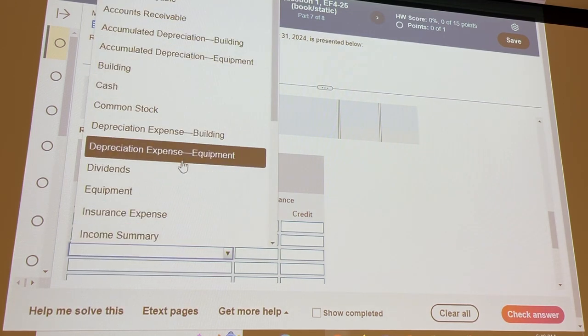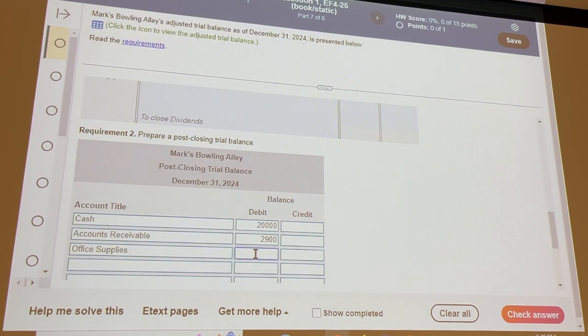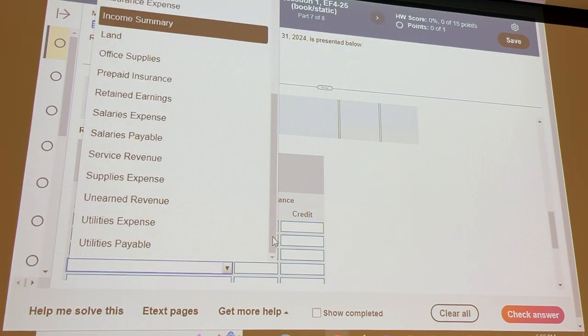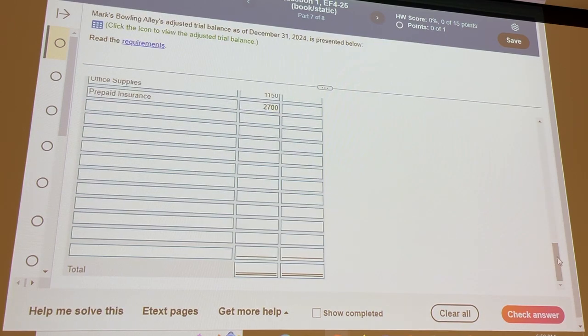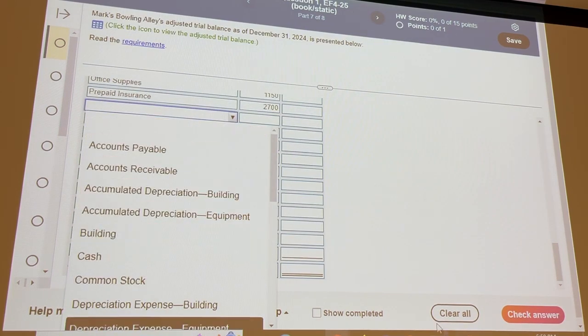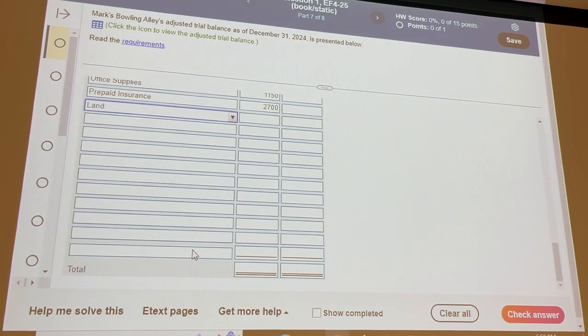Office supplies, debit of $1,150. Prepaid insurance, debit of $2,700. Land, debit of $20,000.